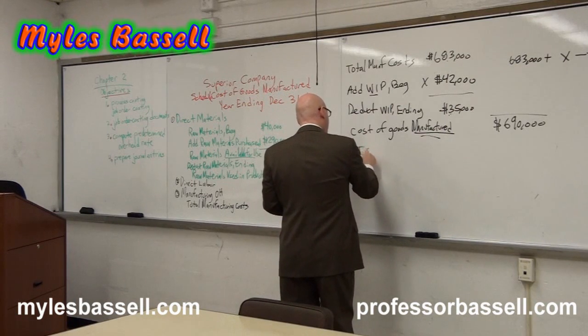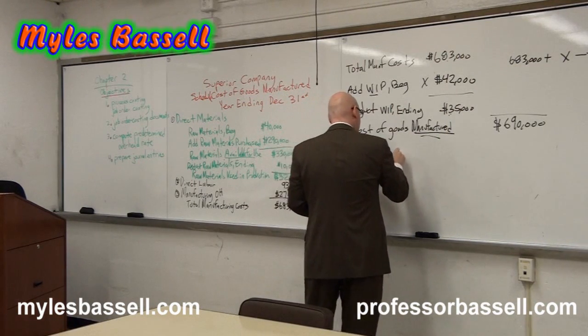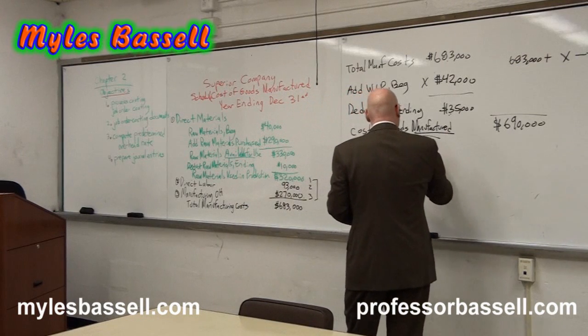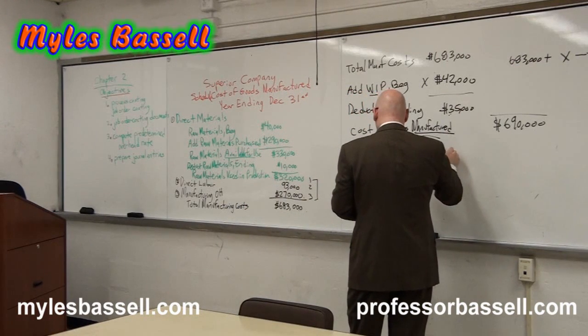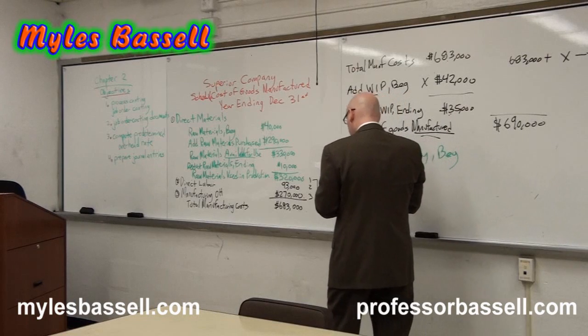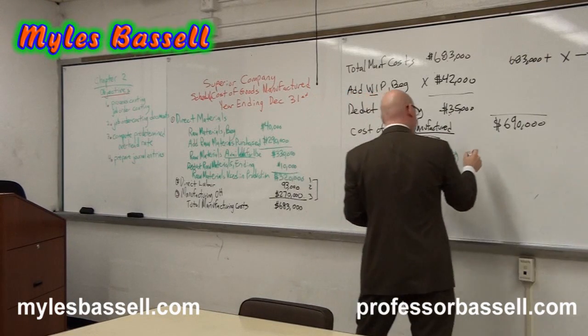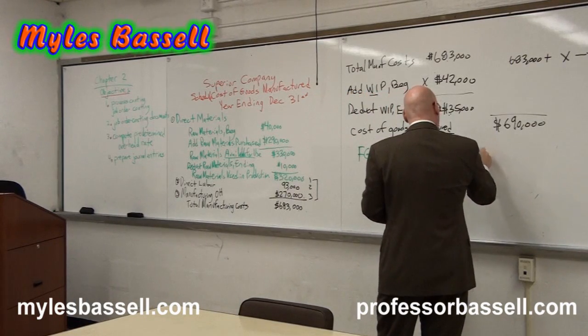So finished good inventory at the beginning of the period, we're given, right? $50,000.